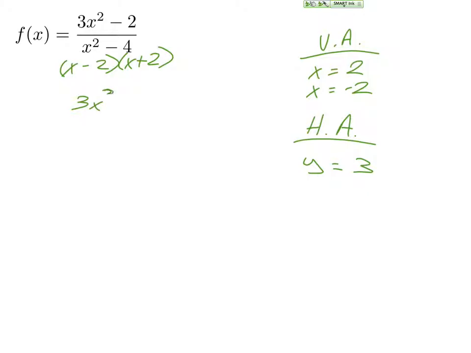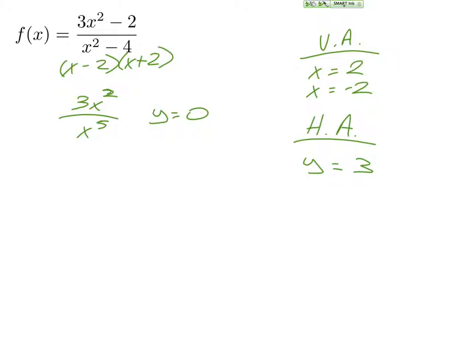I had 3x squared, but this time on the bottom I had x to the 5th. So in this case, the bottom exponent is bigger. Whenever the bottom exponent is bigger, your horizontal asymptote is always going to be y equals 0. It does not matter what coefficients are in front. If the bottom exponent is bigger than the numerator, your horizontal asymptote is going to be y equals 0.